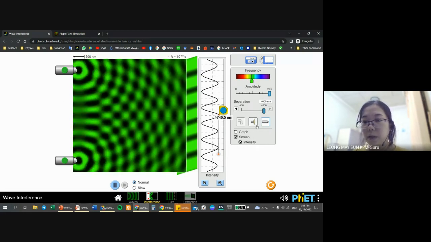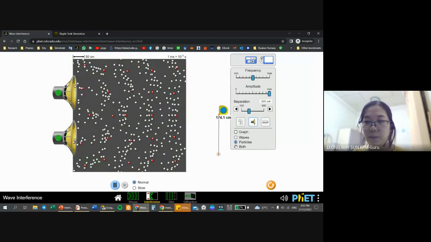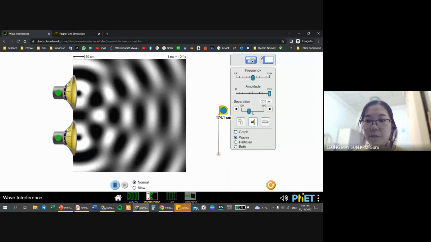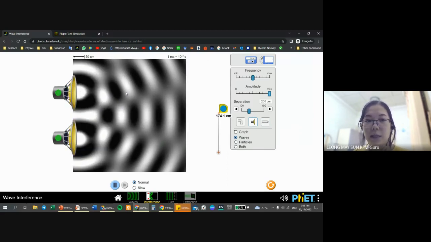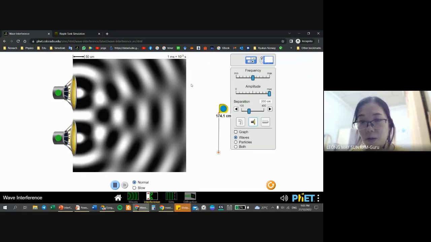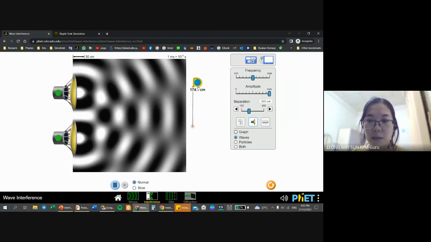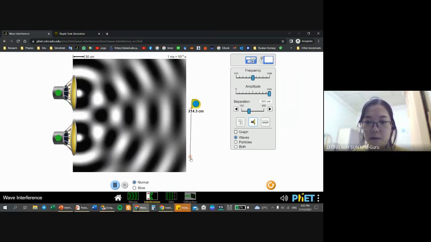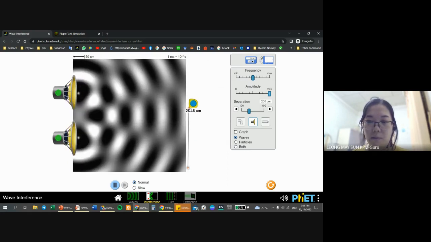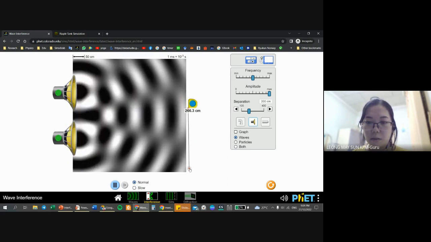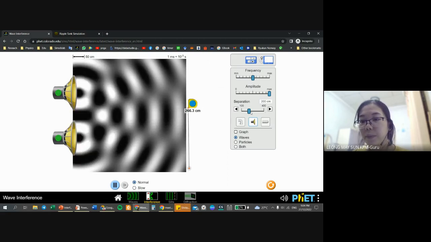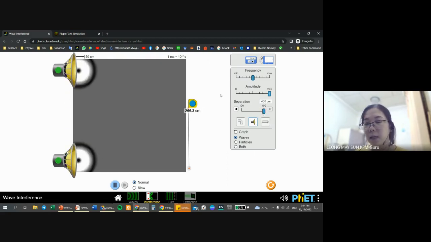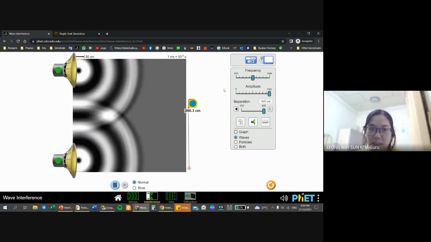Now, I'm going to explain a little bit regarding sound waves. This is similar to the sound wave from the school speaker. There's no screen here, but if I move two speakers further away from each other, my x should decrease.